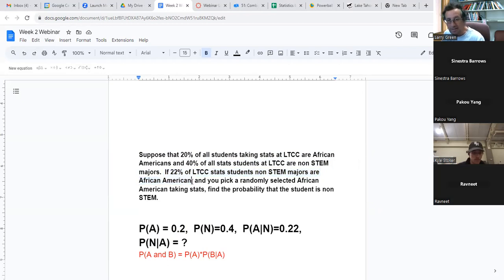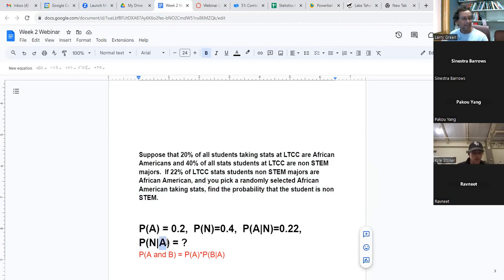Okay. Now let's look at the next phrase. You pick a randomly selected African American taking stats, find the probability that the student is non-STEM. So now we're going to pick a student and we're told the person is African American. We want to find the probability that the student is non-STEM. So we want the probability of non-STEM, that's P, parentheses N, and we're given that the person is African American.